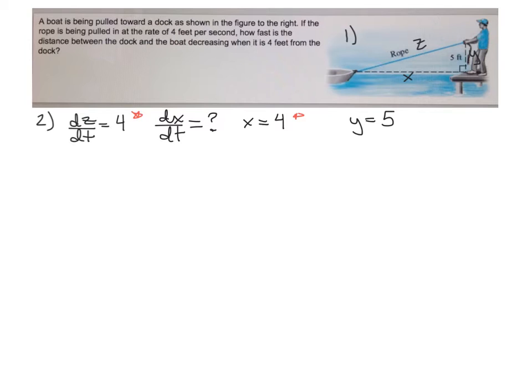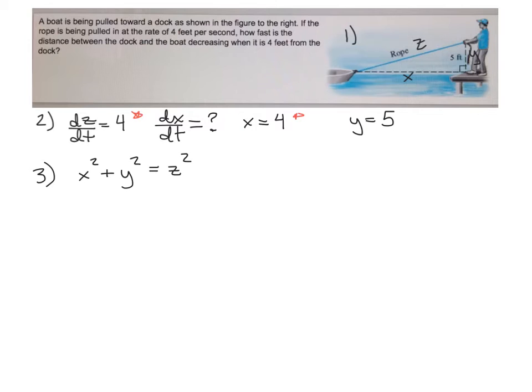All right, so next let's come up with an equation for all of these variables, and we have this equation of a triangle. x squared plus y squared is equal to z squared. So we're going to use that equation. Now, the other thing that I like to do at this point is put in anything that is constant. Now, you have to be careful here. Make sure it's actually constant, not changing at all.